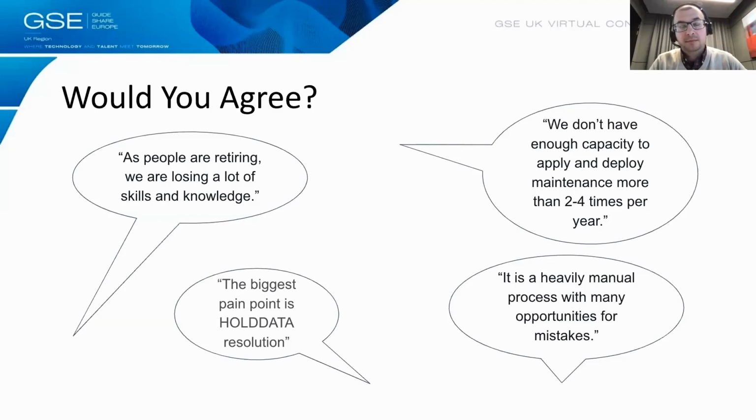But basically, everything that is manual allows you to make some mistakes, either typos or you just miss something because you are tired, whatever. That's another message that we are hearing from our customers.